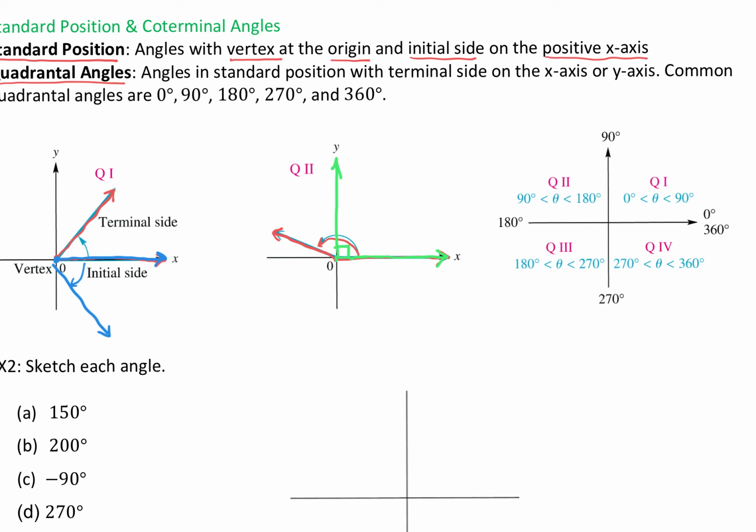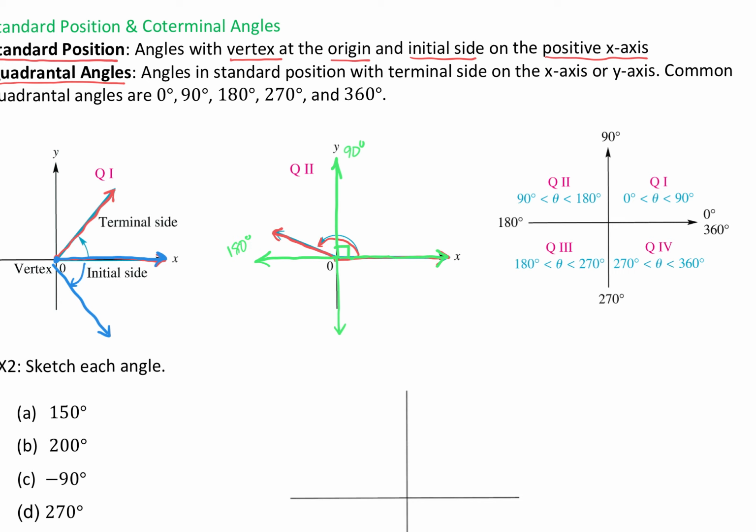And there are going to be the common quadrantal angles, which would be at 90 degrees. And then if we kept going around, we would have 180 degrees. That would be our straight angle. If we keep going around, notice that now that we're in our xy coordinate system, things are broken up into four.